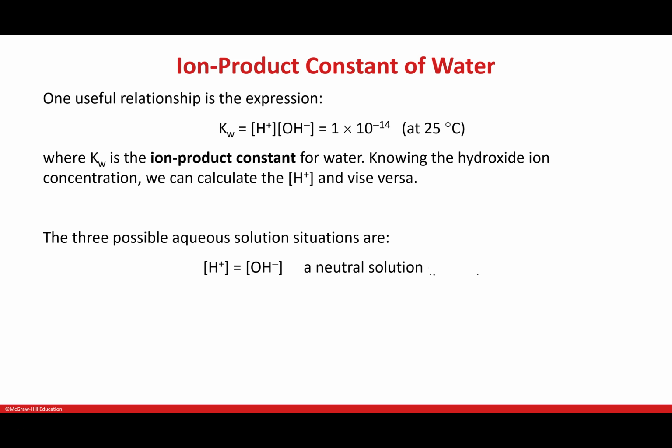If it's neutral, I'll put an N for neutral, then your H pluses are equal to your OH minuses. That's pH 7. If your H pluses are greater than your OH minuses, is it acidic or basic?